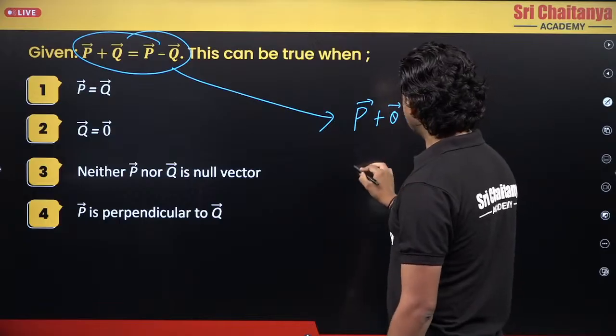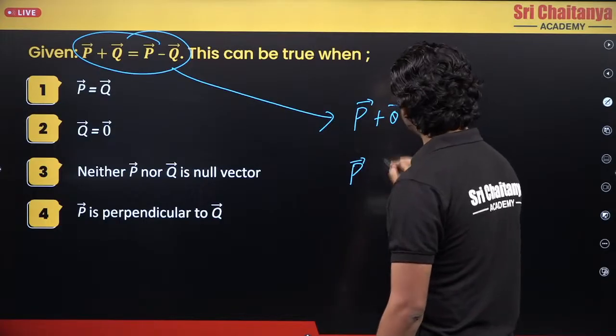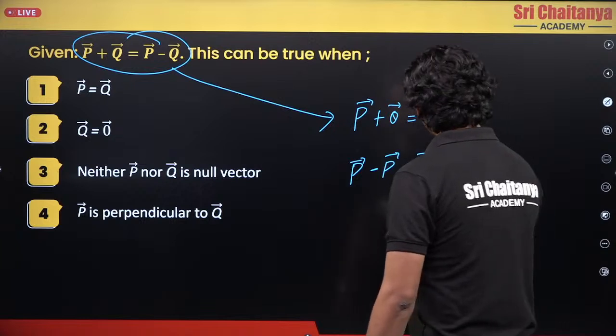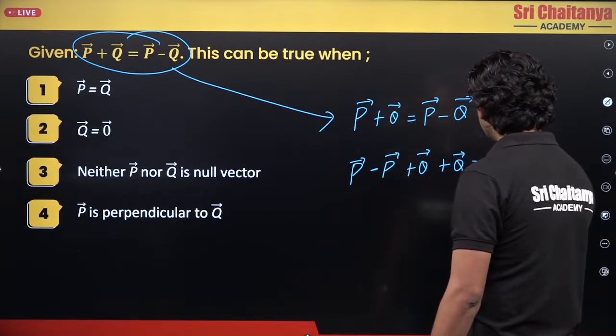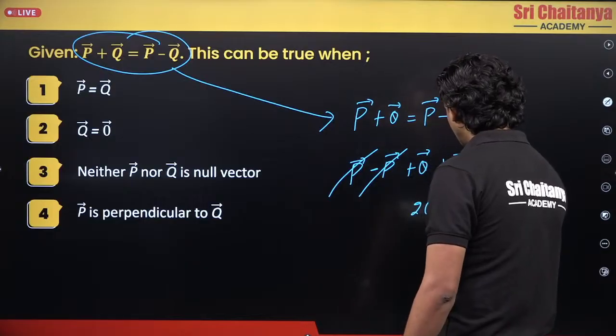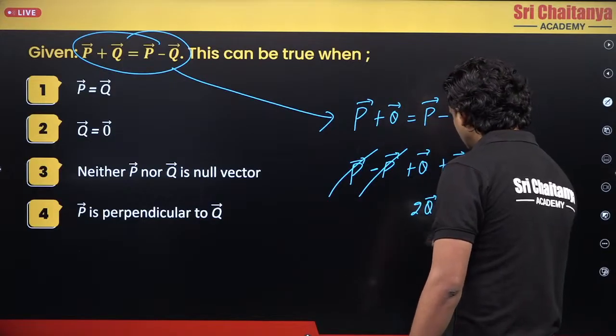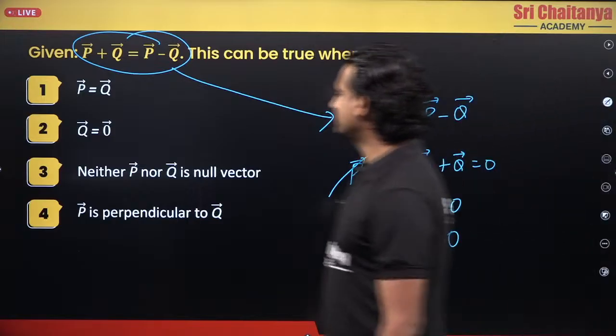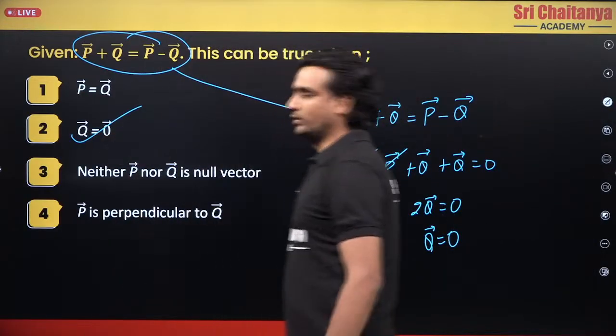If I bring this p vector over, this will become minus p vector plus p vector, and this will become plus q vector, equal to 0. So p vector will cancel with p vector, and I'll get 2q is equal to 0, and that gives me q vector is equal to 0. Right. So what is the correct answer? I'll get q vector is equal to 0.